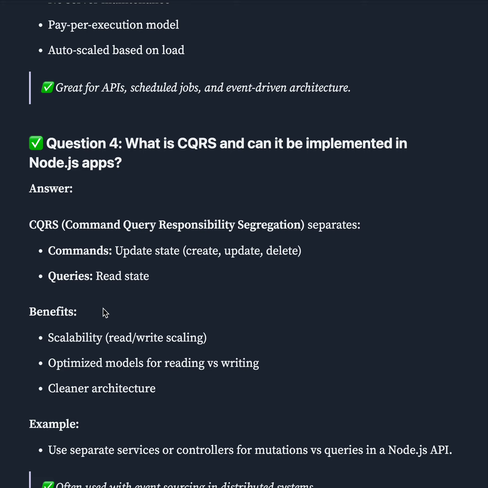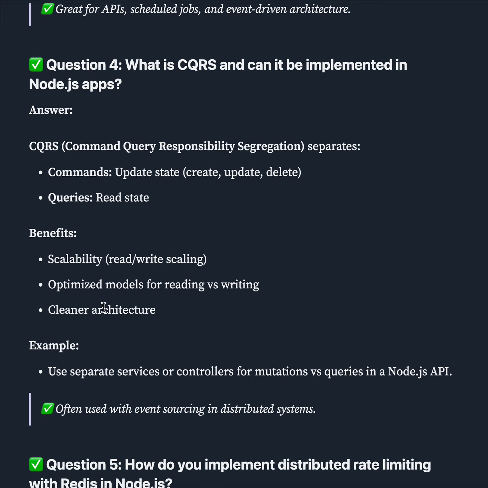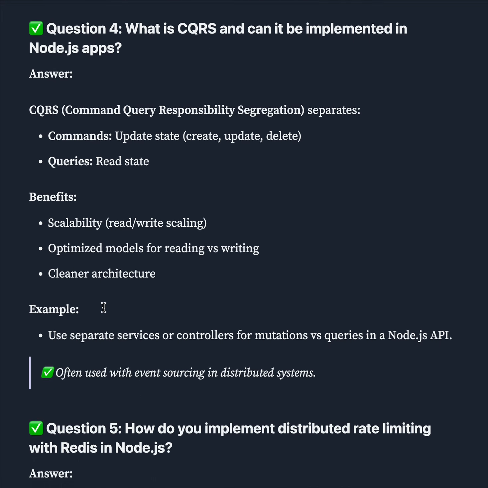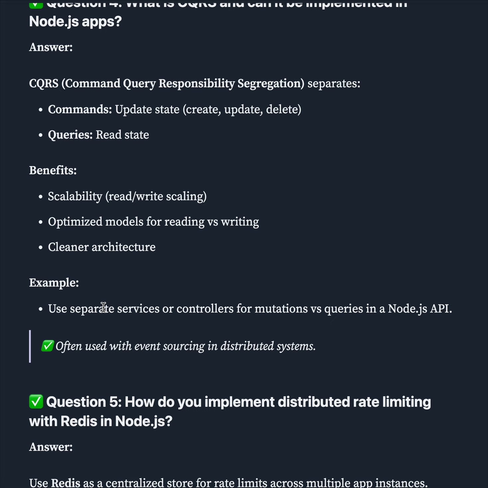Benefits are scalability for read write scaling, and optimized models for reading versus writing. It is a clean architecture, and we can use separate services or controllers for mutations versus queries in Node.js APIs. It is often used with event sourcing in distributed systems.